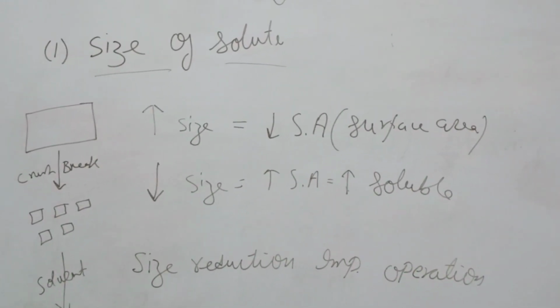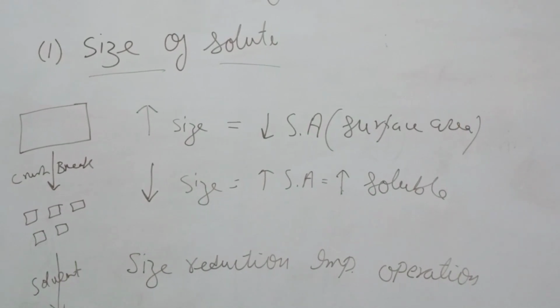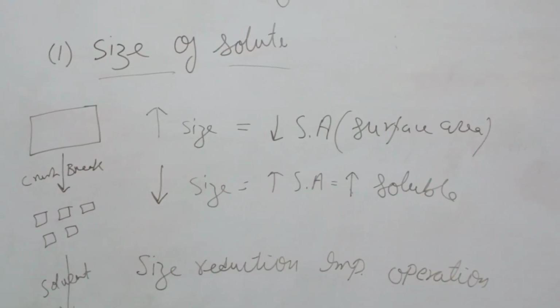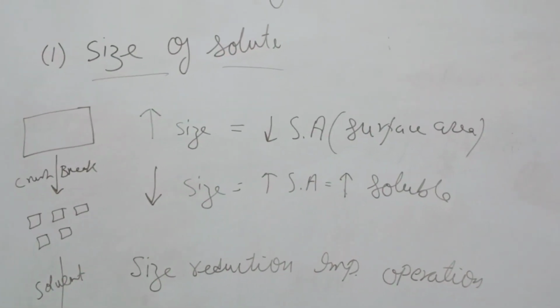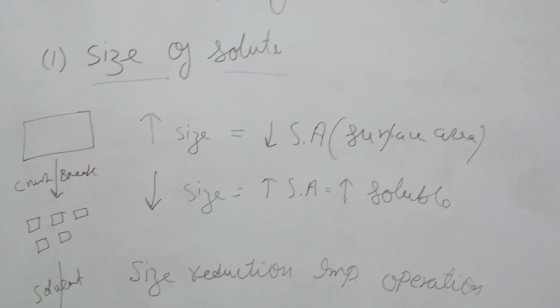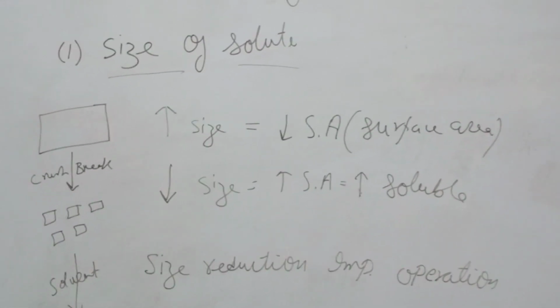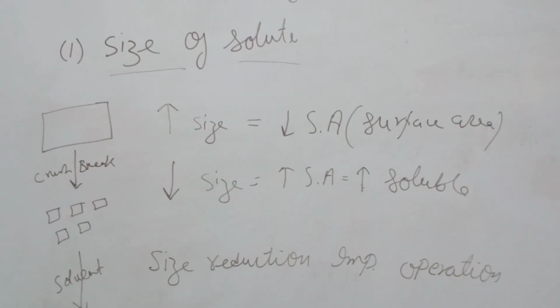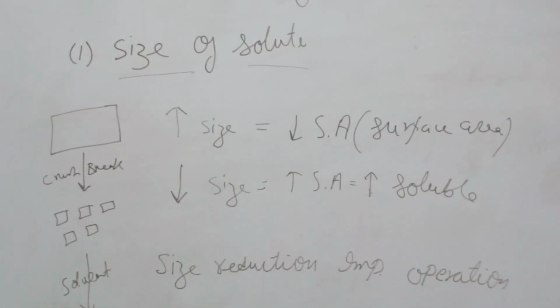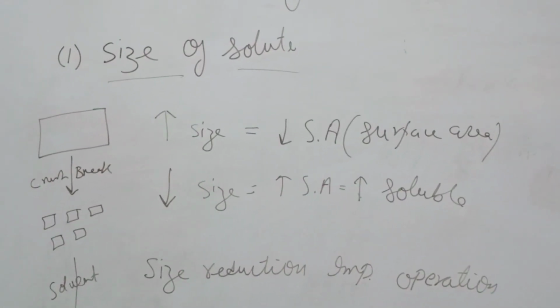So generally, earlier also I discussed, the solute means the substance which ultimately gets dissolved in the solvent in order to produce a solution. So how does this size of solute affect the solubility?